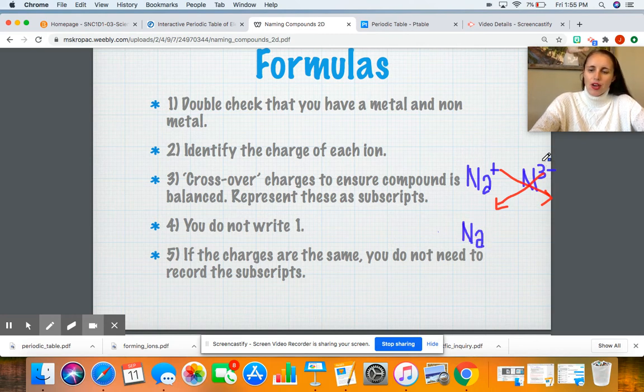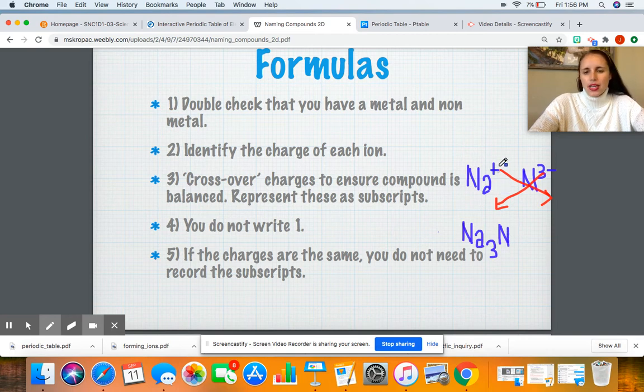But instead of writing it up here as a superscript, which means charge, I'm going to write it down here, which means the number of ions. For the charge of nitrogen, I see a 3, so I'm just going to write a 3. You don't need to include the negative or the positive, because remember that negative and positive are going to cancel out. Now I'm going to write nitrogen.